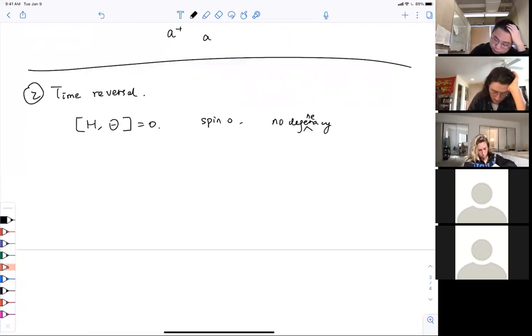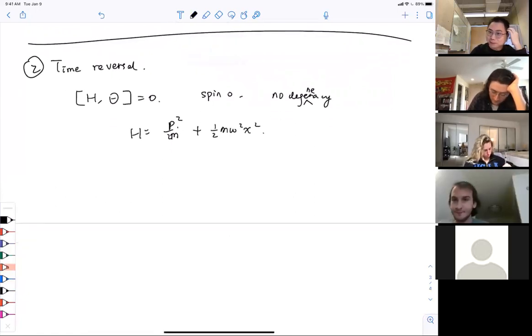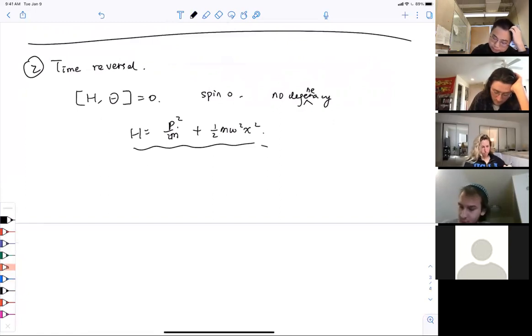For example, the Hamiltonian of the harmonic oscillator, which appears everywhere. This is a time reversal invariant Hamiltonian, and also spin zero, with no spin degrees of freedom and no degeneracy. The statement is that you can always choose your eigenstate to be real.